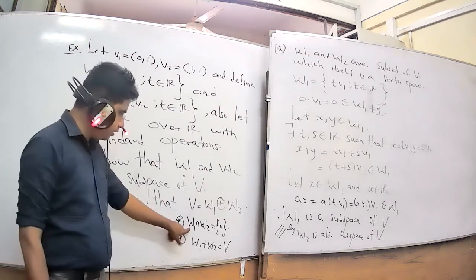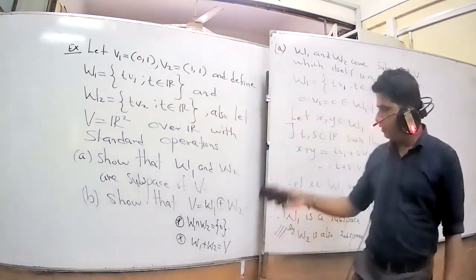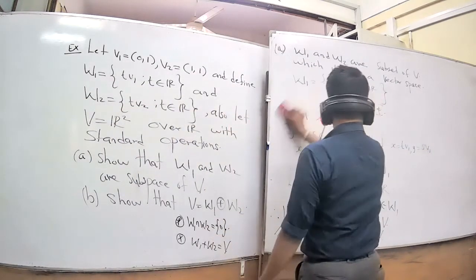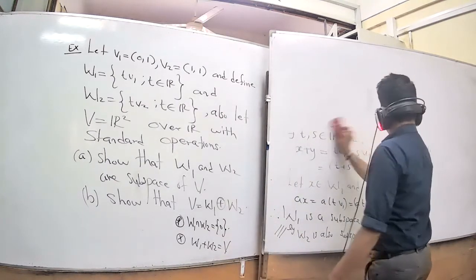Now we will prove the first one. Therefore, you take an arbitrary element in the set W1 intersection W2.